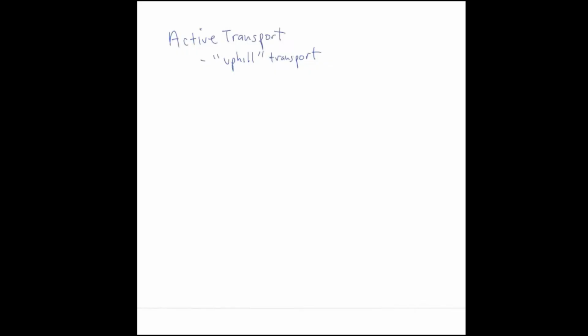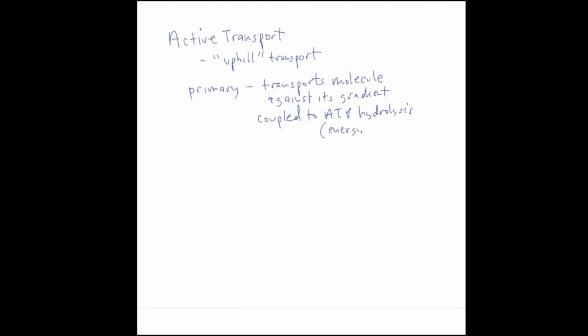There's primary active transport, in which you're transporting the molecule against its gradient, again, uphill. This would be coupled to energy input, for example, coupled to ATP hydrolysis. Because if you're going uphill, that requires energy to do that.